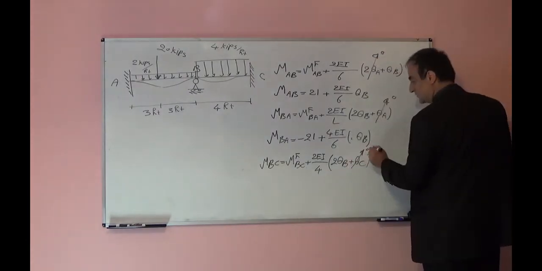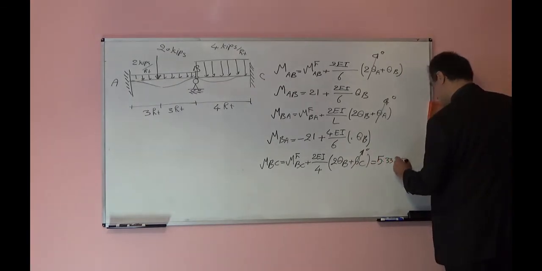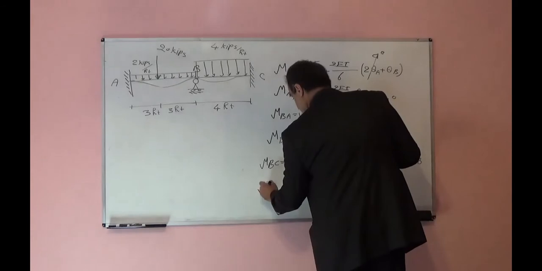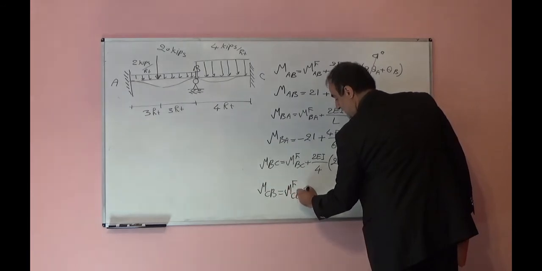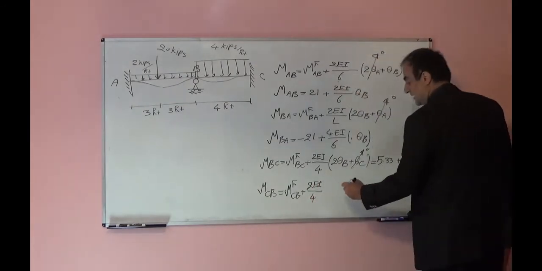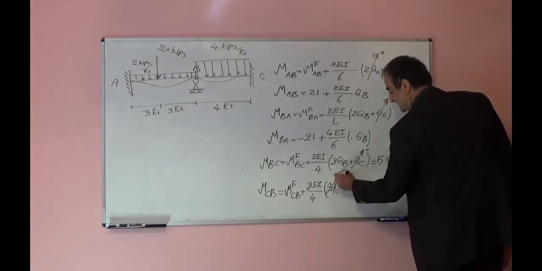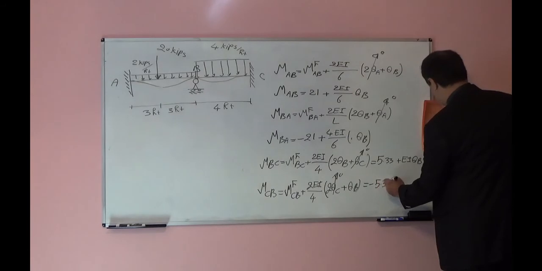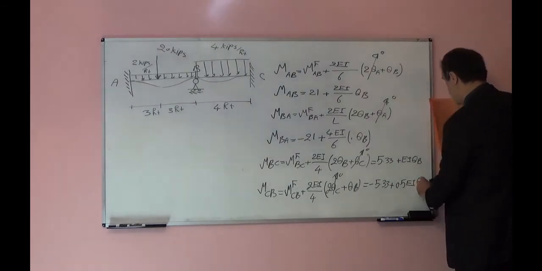We know theta C is equal to 0, so that will be equal to M fixed BC, 5.33, plus EI theta B. And MCB will be M fixed CB plus 2EI over 4 times 2 theta C plus theta B. Again theta C is equal to 0, so the answer for this will be negative 5.33 plus half EI theta B.